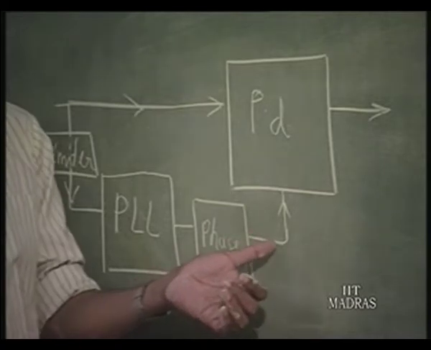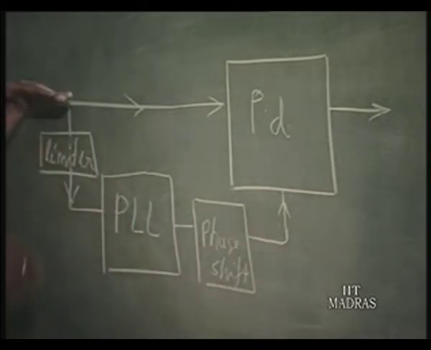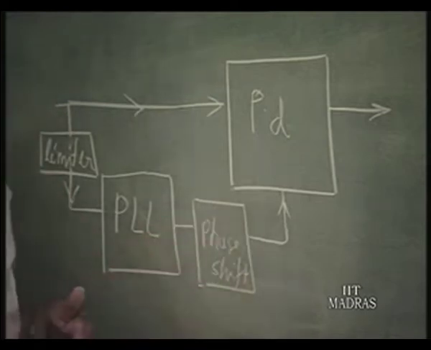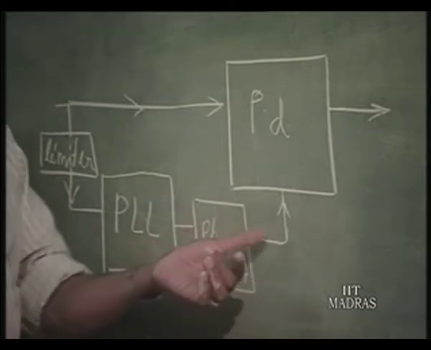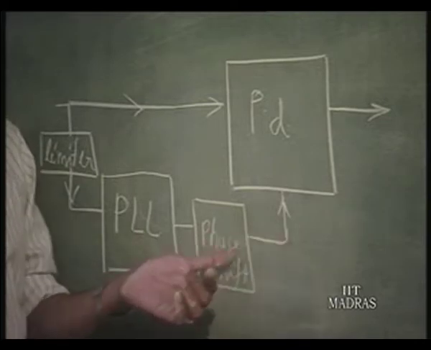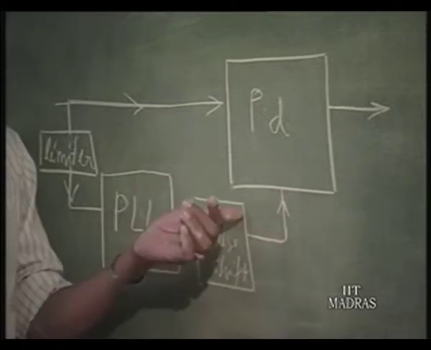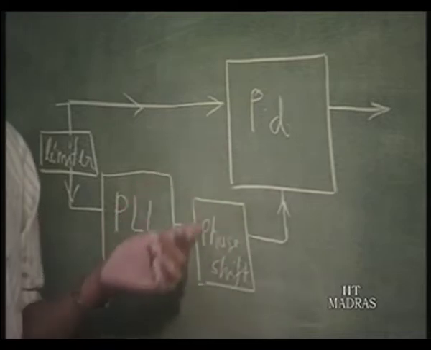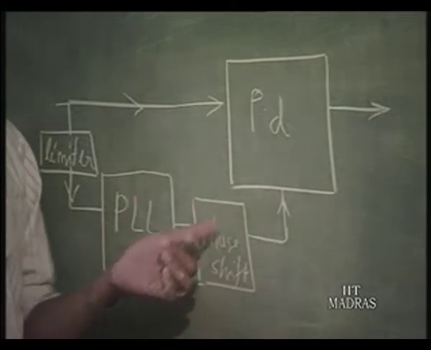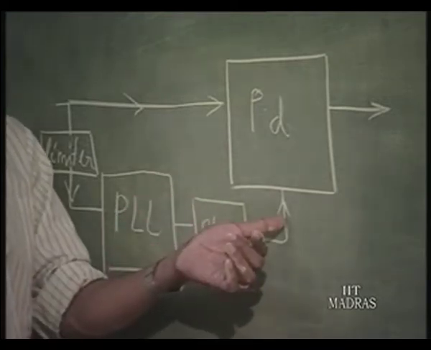So, the frequency is detected here, this amplitude information is eliminated using the limiter, and then an additional phase shift of 90° is given to this, right, or you can use another PLL here, so that an additional phase shift of 90° is obtained here, and this particular thing is cos omega CT.